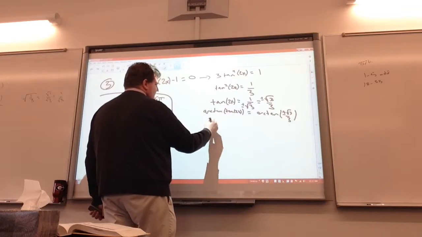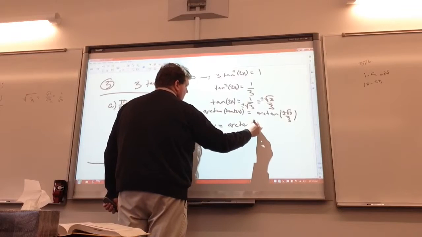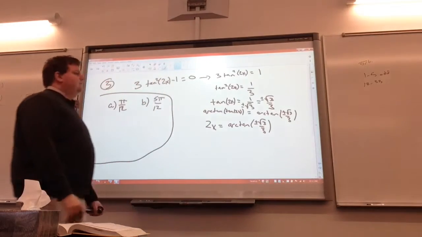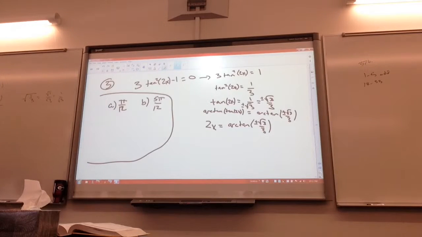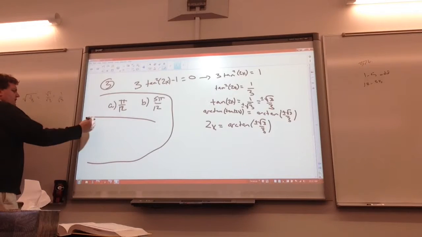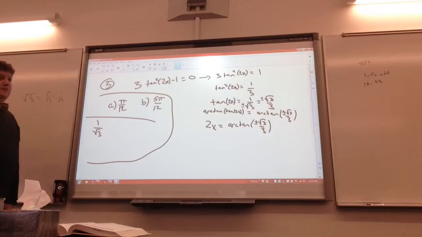I would get then that 2x is equal to the arctangent of plus or minus root 3 over 3. How do you also get square root of 3 over 3 equal to 1 over root 3? Okay, quick reminder, guys, how you rationalize an answer. I don't care if you do this or not, and I will put that on the record.